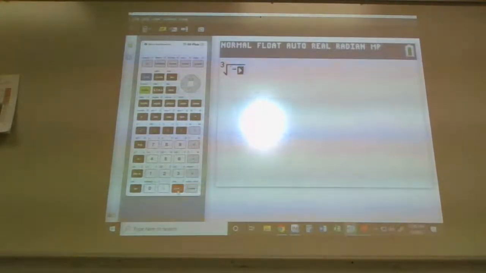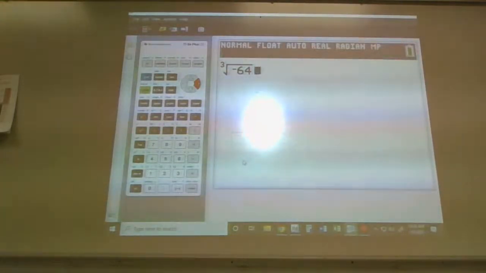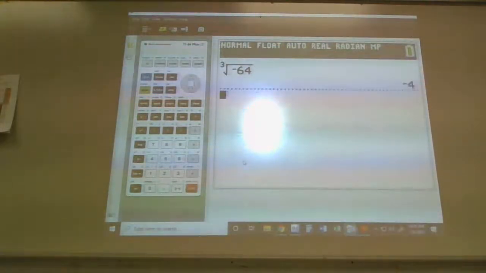And I'm going to type in negative 64. Now, we know that if we did the square root, it would be a non-real answer. But if we do the cubed root, you get negative 4.